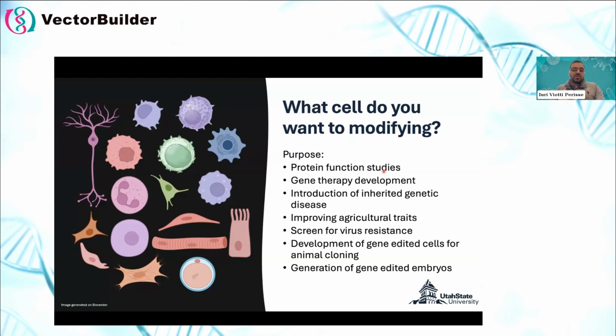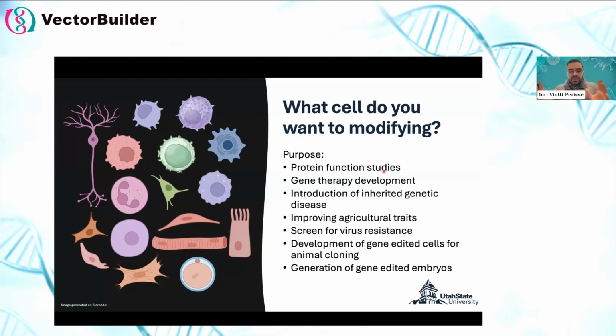Or we can even try to accomplish some improvements in agriculture in order to create some virus resistance in some specific species like sheep and cattle, or we want to introduce some traits like polledness, which is removing the horn from bovine, and then you avoid the process of dehorning these animals.